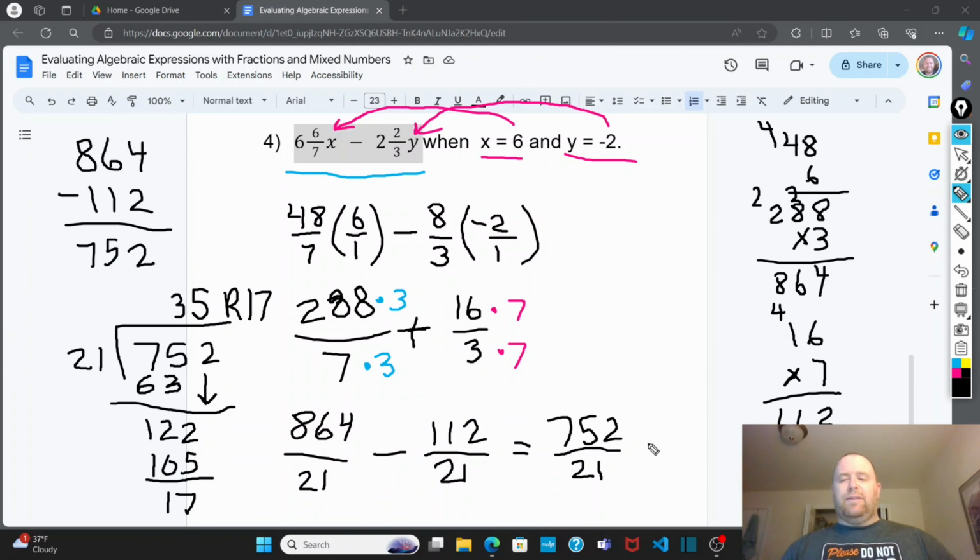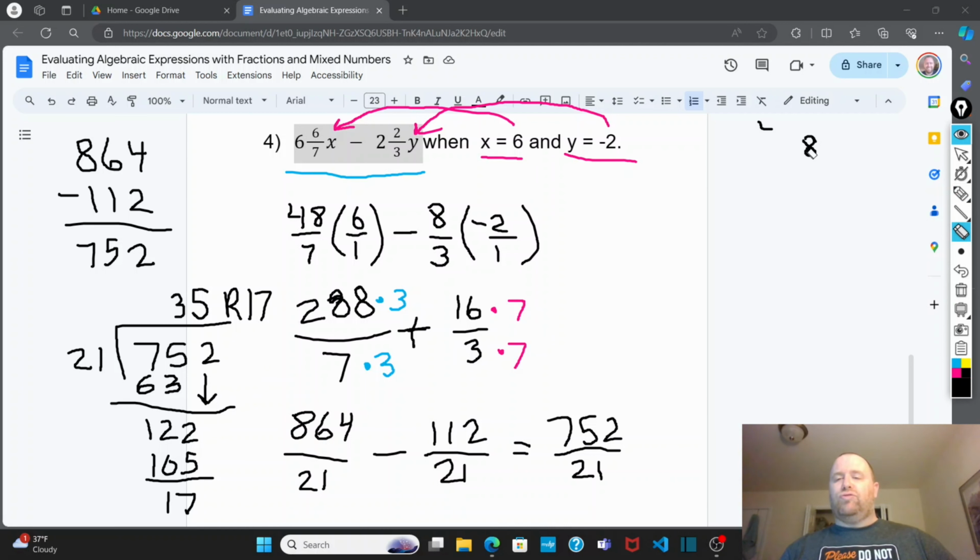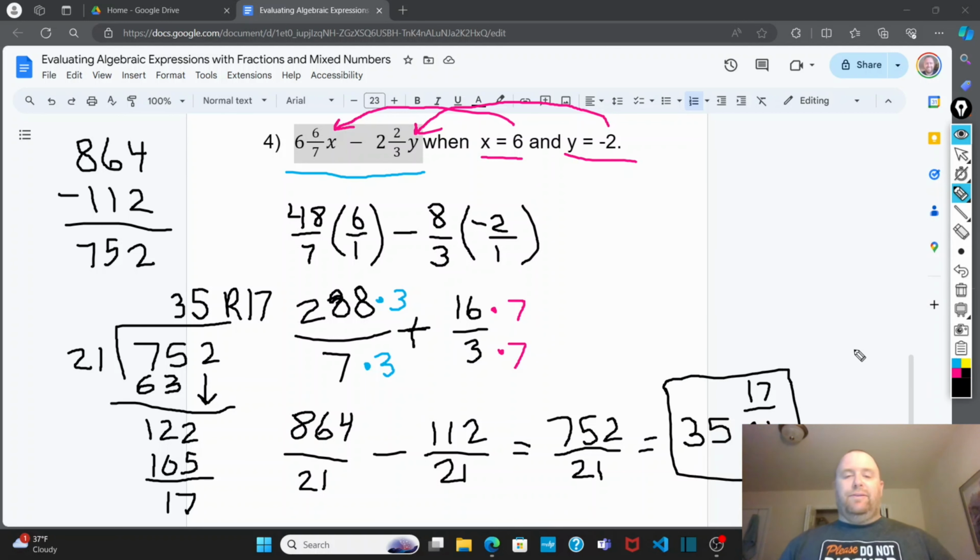So we can write this as 35 and 17 21sts, or 17 over 21. And boom, we are done with that one and done with our problems today.